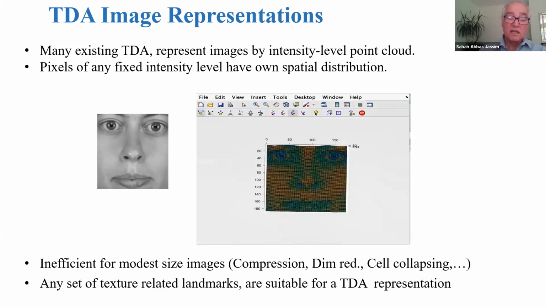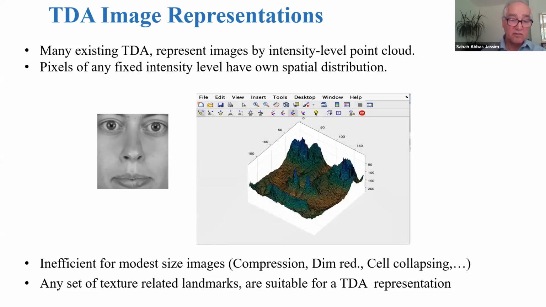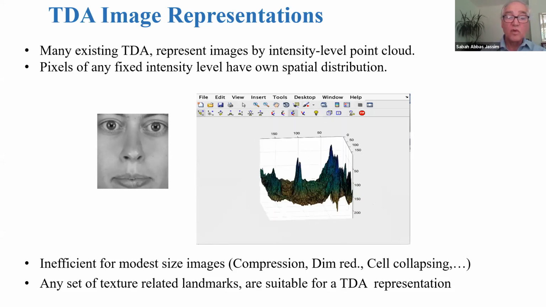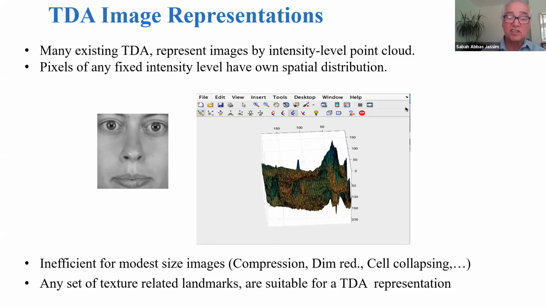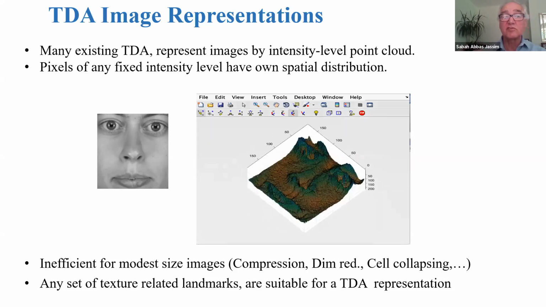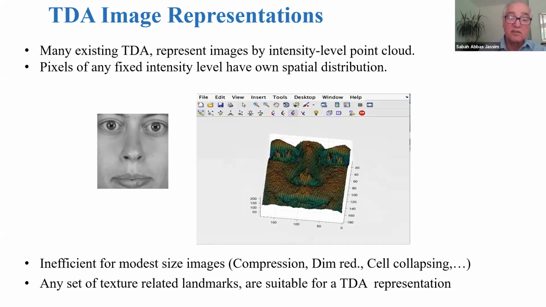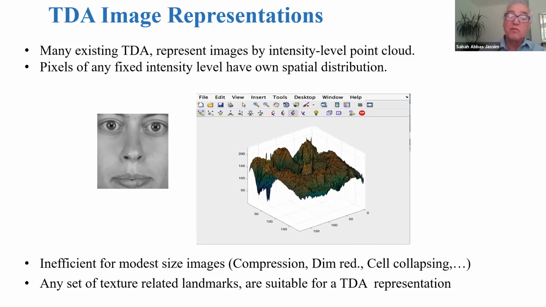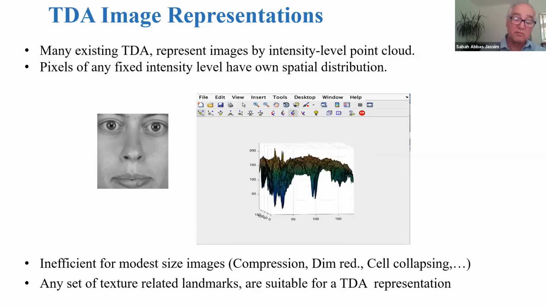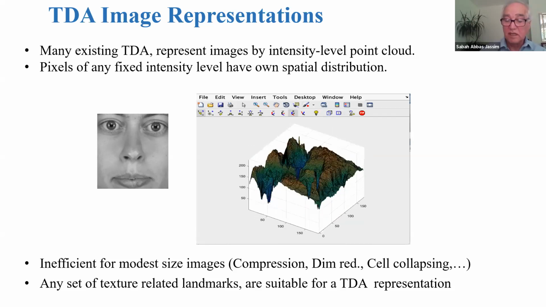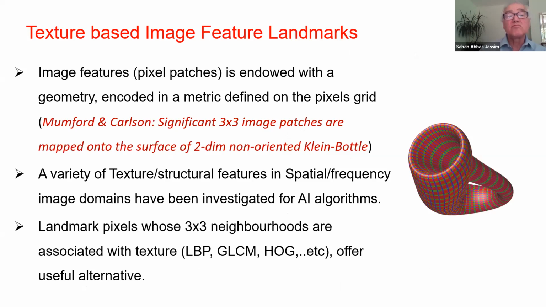Alternatively, and this started with the work of Aras, we can take any discrete set of texture-related landmarks and make it into a TDA representation of the image. You might ask, which kind of texture-based feature landmarks are you talking about?